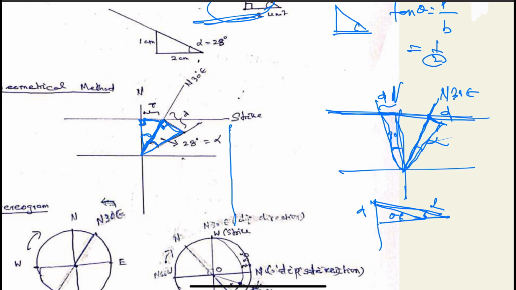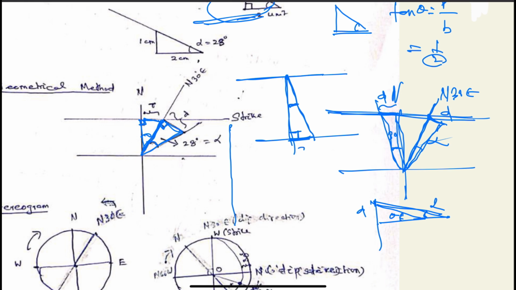Let us imagine this is the dip amount, the dipping direction. If we see it vertically, this angle will be 90 degrees, this is the horizontal line, and this will be the depth.